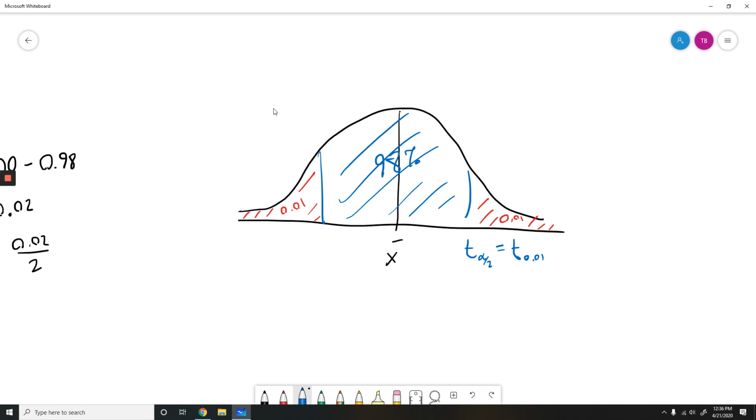So our margin of error, the formula for margin of error. When the population standard deviation is known, and remember for this case it's not, the margin of error is our z-score, or z alpha over 2, times our population standard deviation sigma over the square root of n.